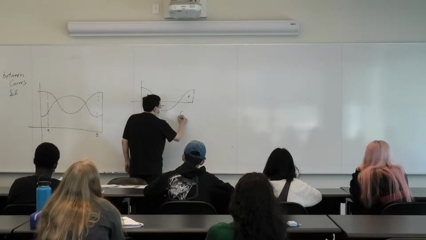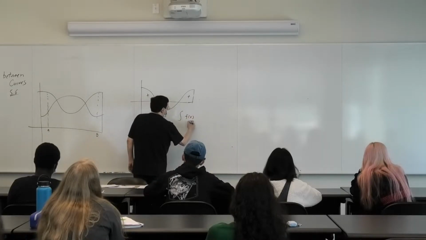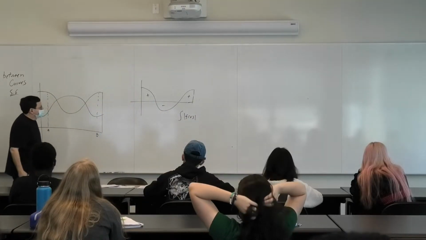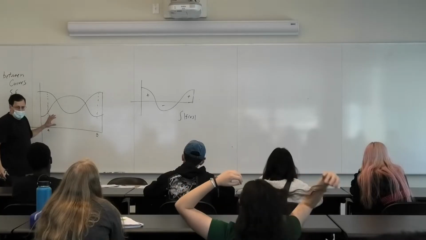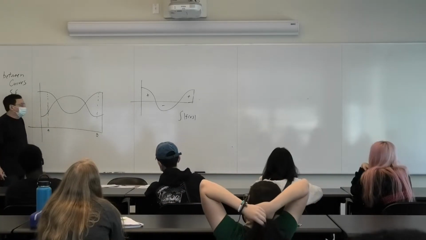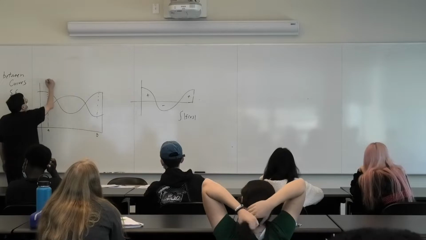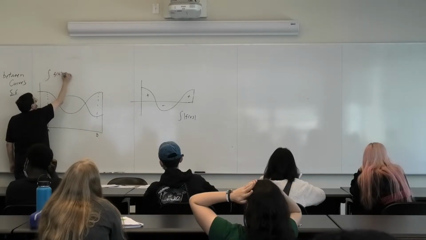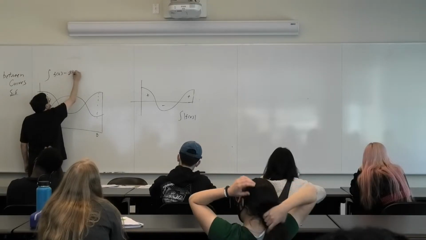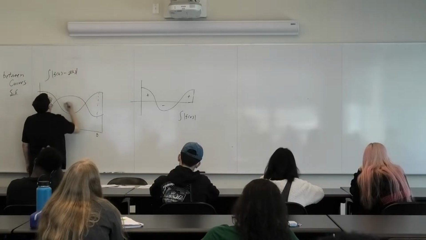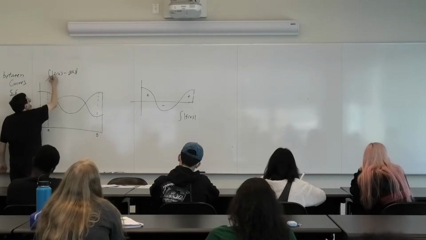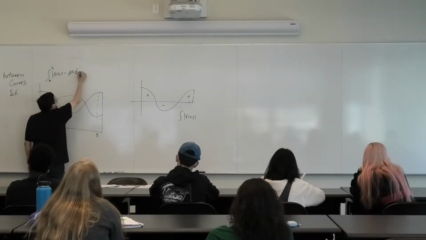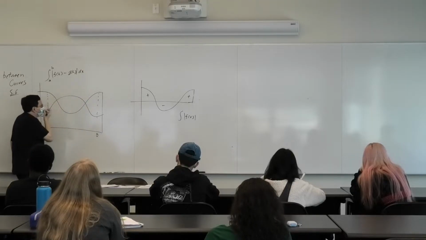So instead of the integral of f of x, you take the absolute value. That's kind of what we want to do here. We want to take the integral of the absolute value of f of x minus g of x dx, and we want to know how to evaluate that.